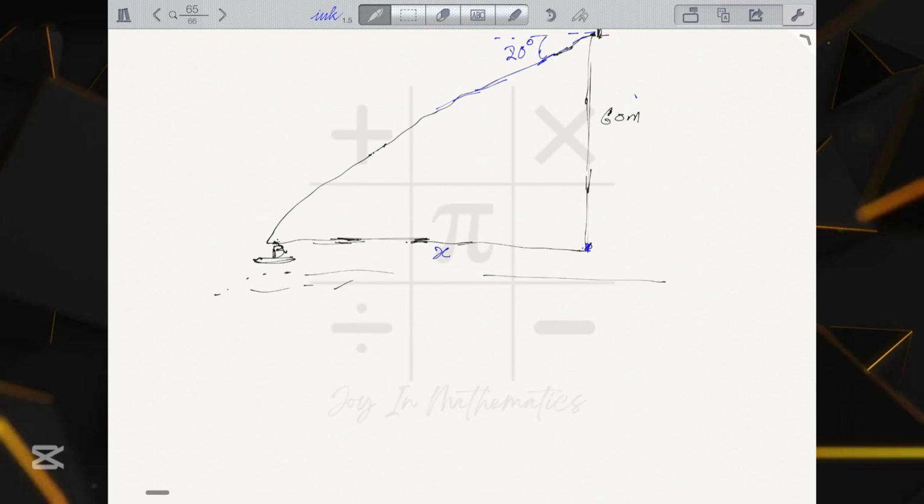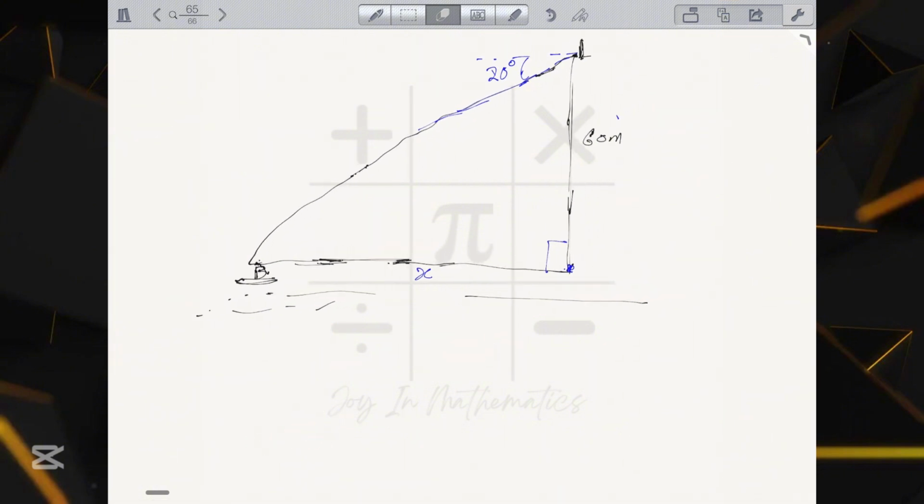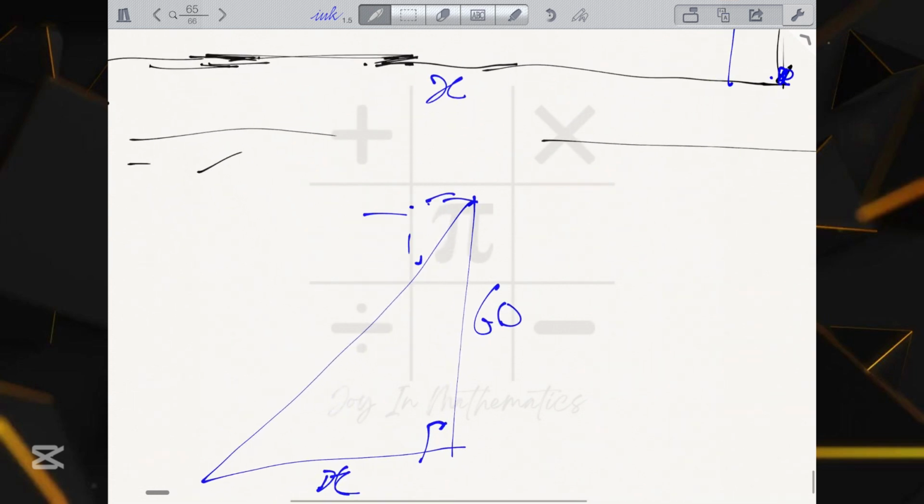So let's simplify this in a simple diagram. We have a right angle triangle with a height of 60 and a base of x, and we are given that the angle of depression, that means this angle here, is equal to 20 degrees.